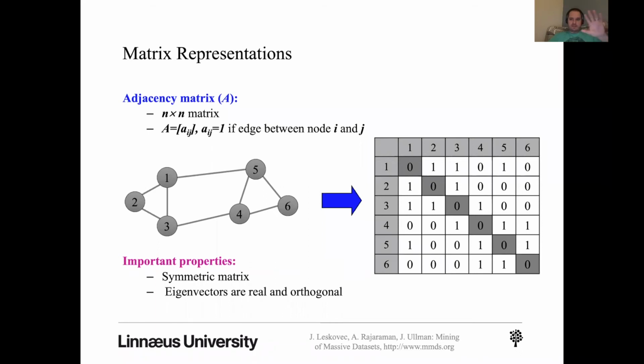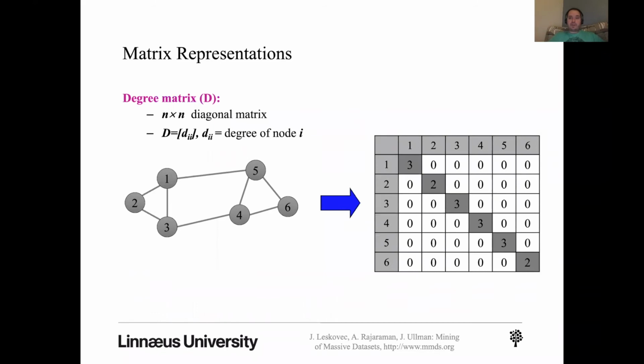Now, let's leave it aside for a moment and think about the degree matrix, which is maybe even simpler. It's again an n by n diagonal matrix. It's again square, like the adjacency matrix, almost the same. But the diagonal here actually has values, and outside of the diagonal it's all 0.